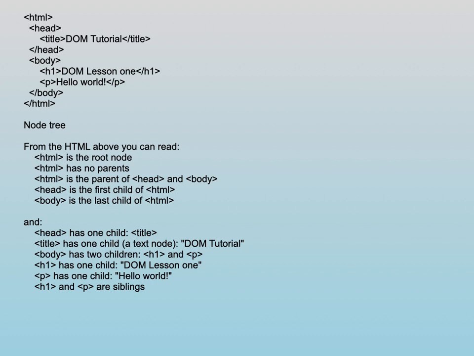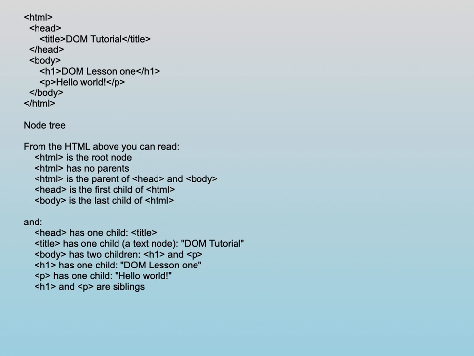From the HTML above you can read that HTML is the root node and HTML has no parents. HTML is the parent of head and body. Head is the first child of HTML, body is the last child of HTML. Head has one child, that is title. Title has one child, a text node, that is DOM tutorial, that is the content there.